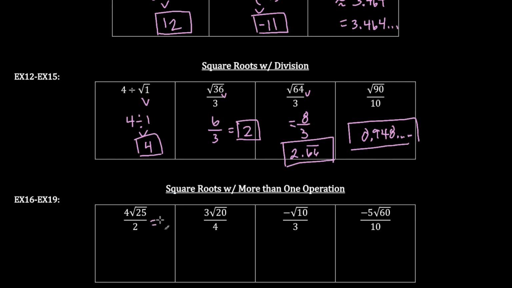I should get 10. Let's see. Square root of 25 is 5. 4 times 5 divided by 2 is 20 divided by 2, which is 10. But y'all get the point. Y'all can just type this in. So let's go to the next section.